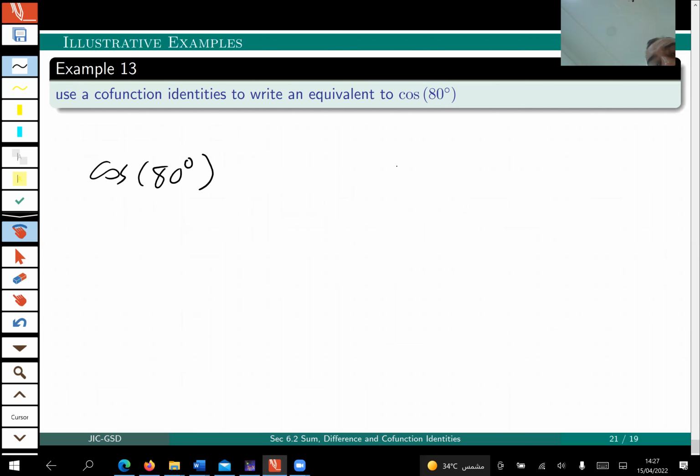Cosine 80 degrees is sine of 10. As I said, cosine of the angle 80 is equal to sine of the complement of 80, which is 10.